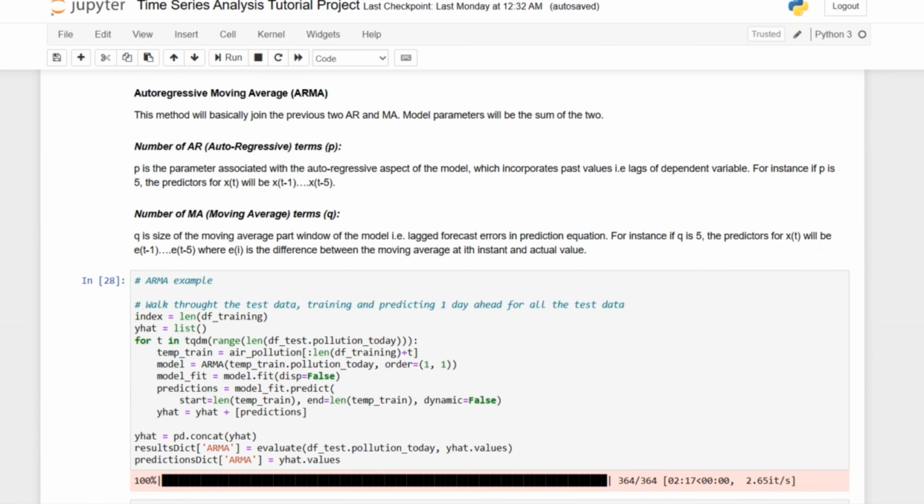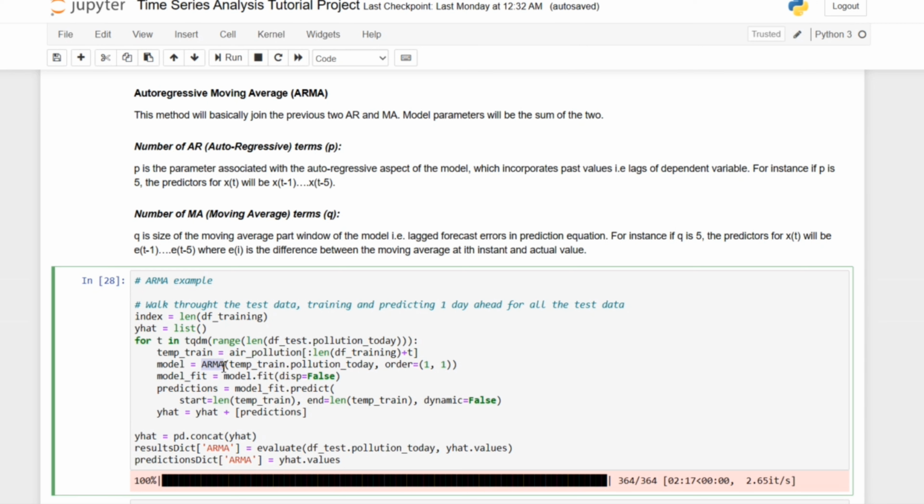We are not changing anything except the model is changing, where the model is nothing but the ARMA model. Yeah, ARMA model, guys, and we are storing all the result evaluation results into the results dict, and the prediction values into the prediction dict.